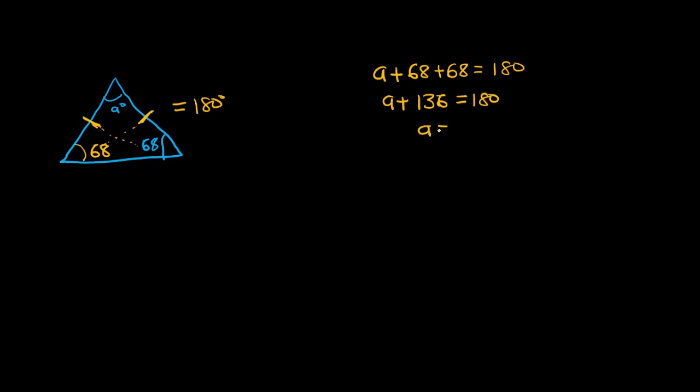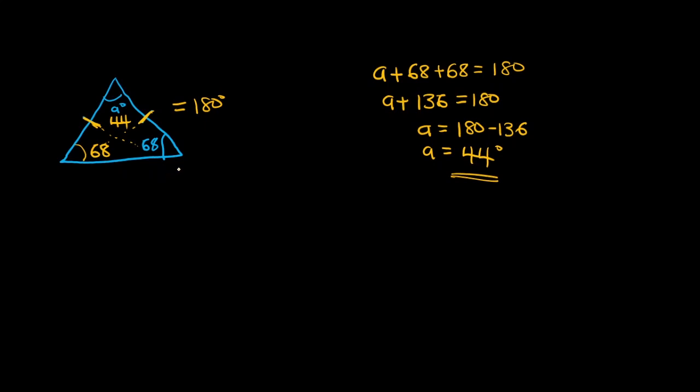So my A is equal to 180 minus 136. If I subtract that, 180 minus 136 will give me 44 degrees as the value for A. So the A over here is 44 degrees.